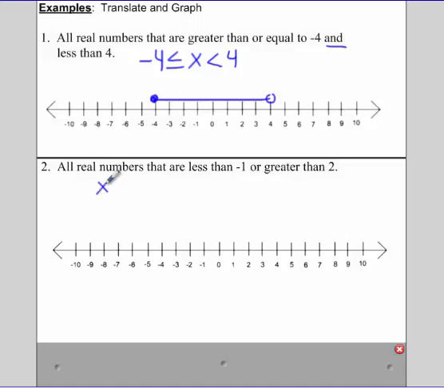Now we're going to graph the inequality. Open circle on negative 1, arrow to the left. Open circle on 2, arrow to the right.